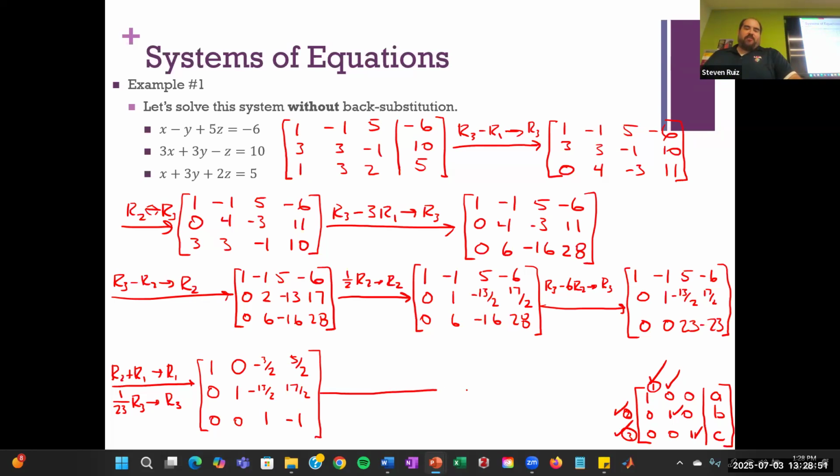What will turn the -3/2 into a 0? Let me rephrase that. What will turn the -3/2 into a 0 without messing up any of the other work I've done? At this point, your options are very limited, which is hopefully good news.